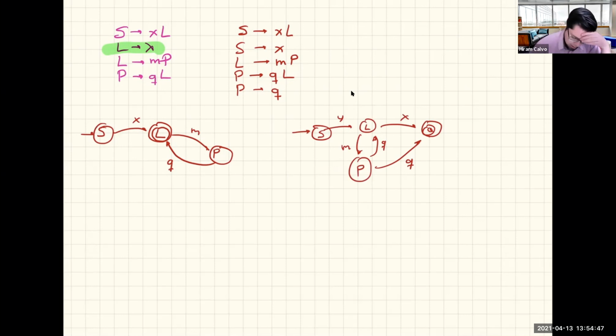Okay, X. I think, Maraya, that what you did is this L to Q. There is no way of connecting L with Q from this grammar.